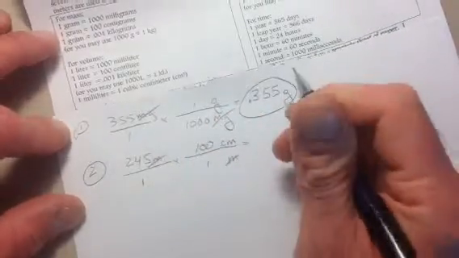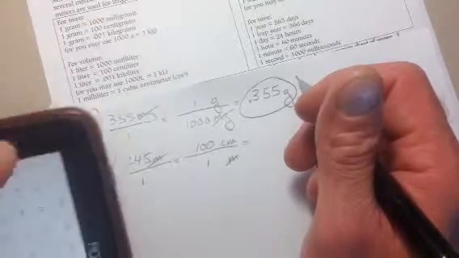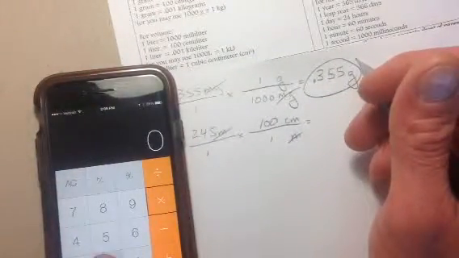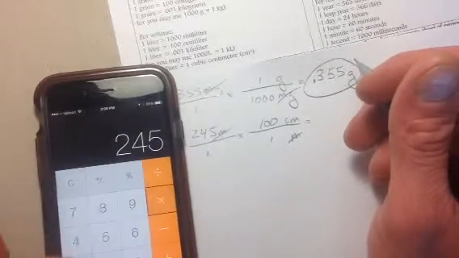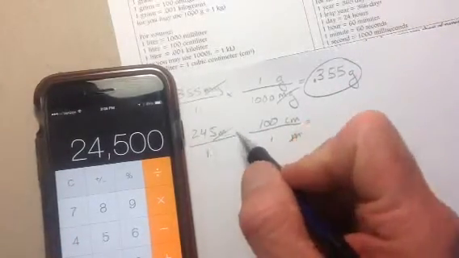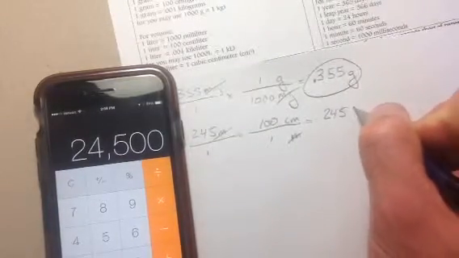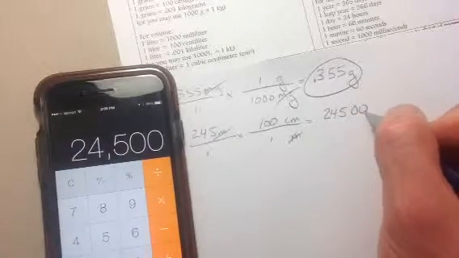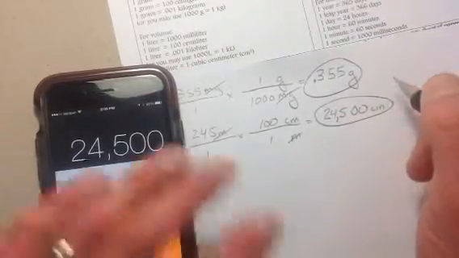Meters cancel. So for this particular one, we will multiply it out. 245 times 100 is 24,500. Another way to do this would be 2, 4, 5 with 2 zeros on the end. Getting my 1, 2 zeros here, putting them here. So it's 24,500 cm.